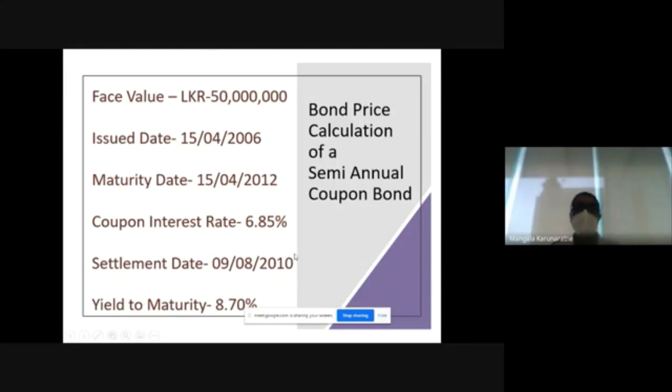So we do this trade with a value date of 9th August 2010. So we are actually in 2010, 9/8/2010. And yield to maturity is 8.7%, right? So the coupon interest is less than the yield to maturity. Now you see here. So this is the example we will be using throughout this presentation for our calculation, right?